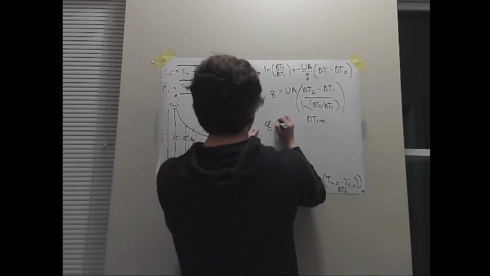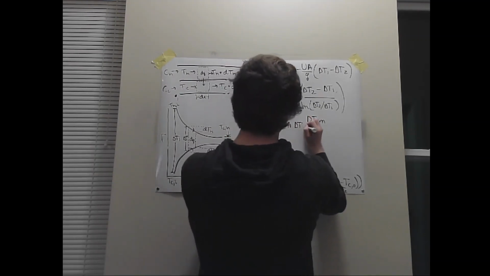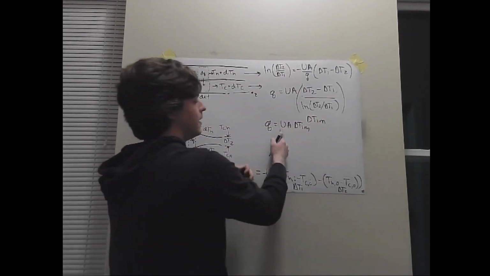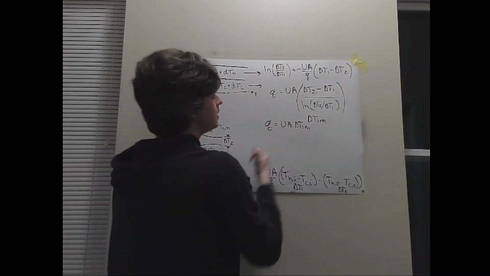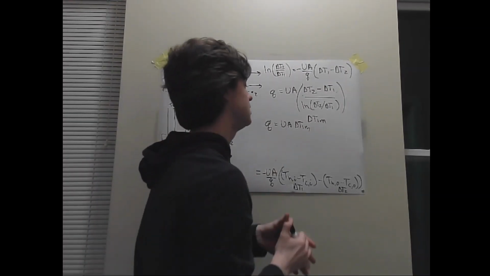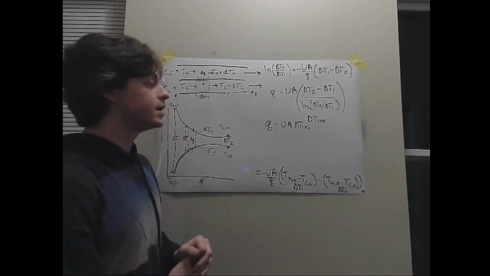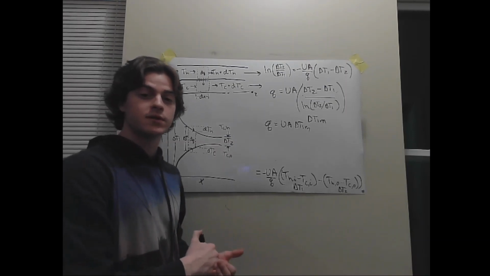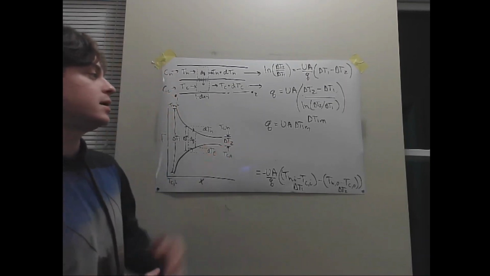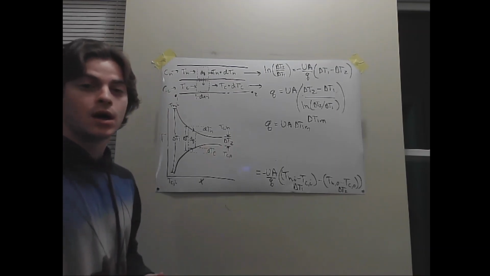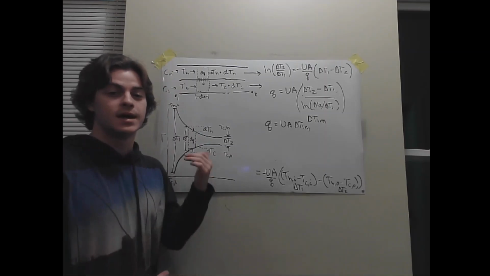And so our final equation just becomes this: the overall heat transfer coefficient times the area times the log mean temperature difference. And since we did it all in terms of the temperature difference and not in outlet and inlet, this equation can actually be applied to countercurrent heat exchangers where the two flows are in opposite directions instead of the same direction.